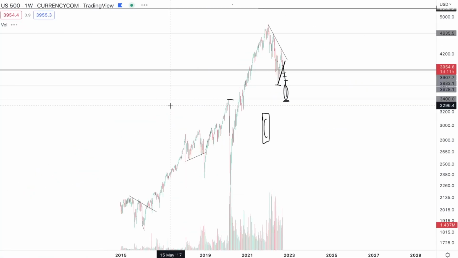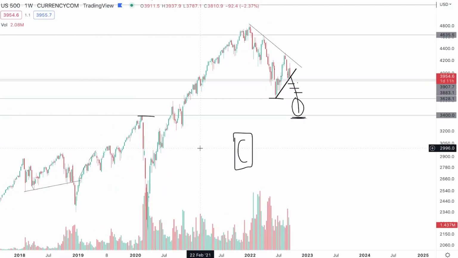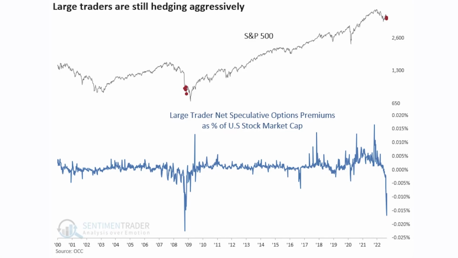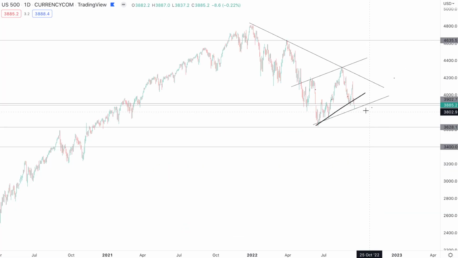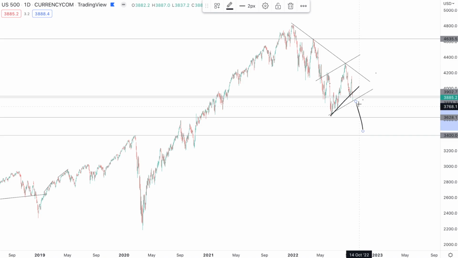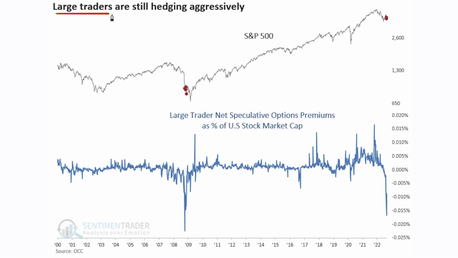So you can definitely understand why a lot of investors are concerned and why we're seeing a historical amount of hedging from large traders, right? At such a pivotal technical structure, you do risk capitulation in an environment where we have seen a lot of macro headwinds. And so a lot of market participants want to be protected against that. And of course, showing a level of pessimism that hasn't been seen since the 2008 financial crisis.